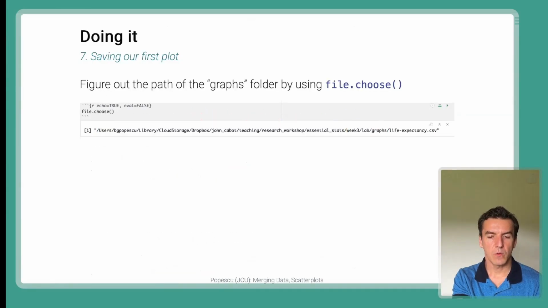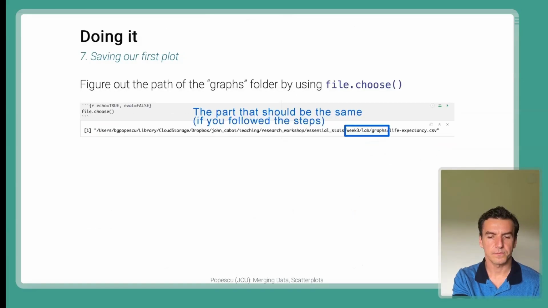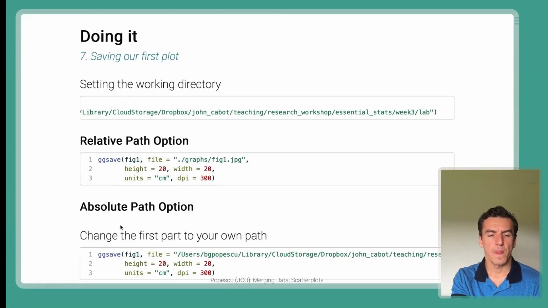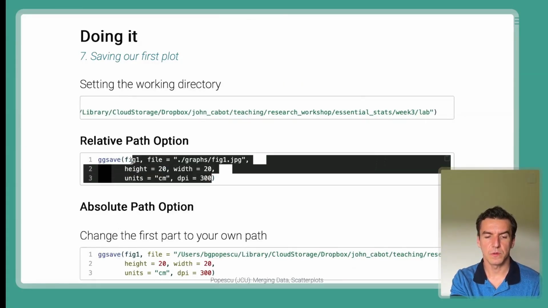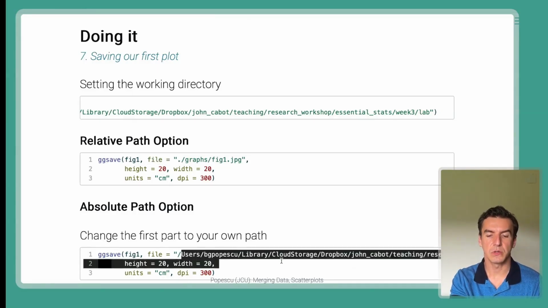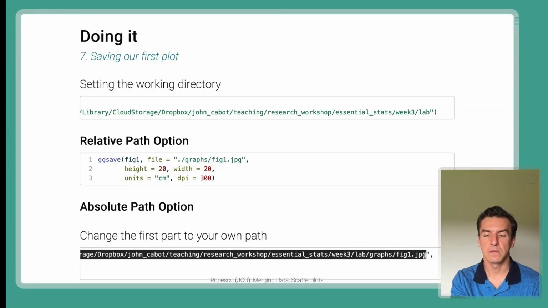The one thing that I wanted to emphasize: this was the relative path option. The other option is absolute path. So rather than writing file.graphs, you simply write down the whole path, including the file itself.